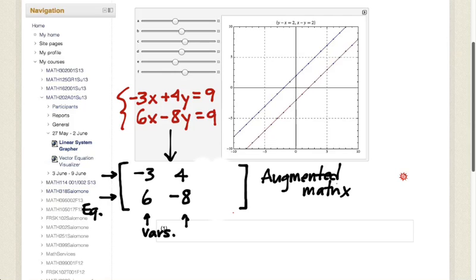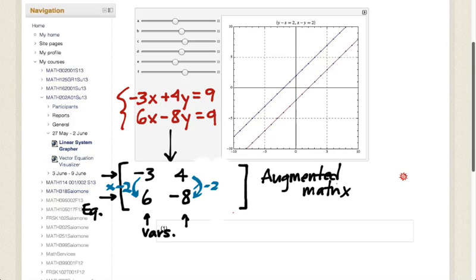If we look at the first row and the second row, the relationship between negative 3 and 6 is that the latter is negative 2 times the former. But that is the same relationship that exists between 4 and negative 8. So the entire second row is negative 2 times the entire first row, at least if we forget about the right-hand sides for a second.